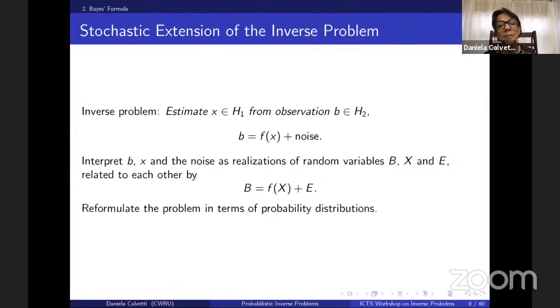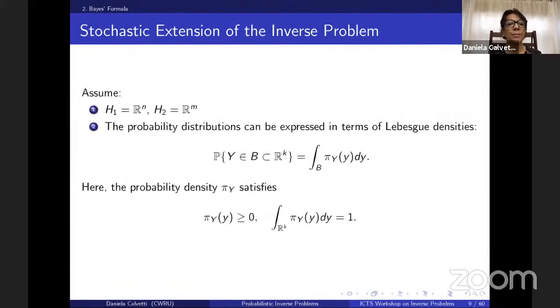The capital letters mean that now instead of looking at b as a realization, as a vector of numbers, this is going to be treated as a random variable. Same thing with X and E. So now we're talking about relations between random variables, and we're ready to formulate the inverse problem in terms of probability distributions, which is the proper language to describe random variables.